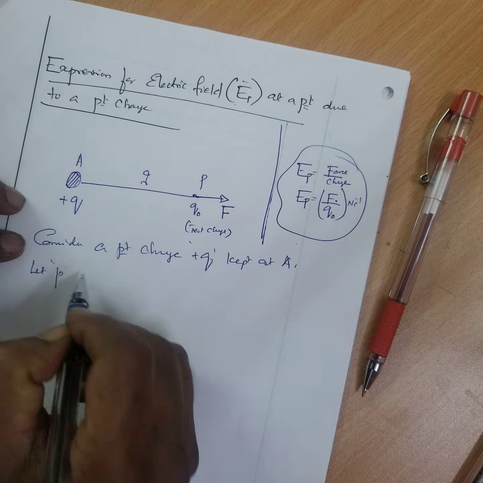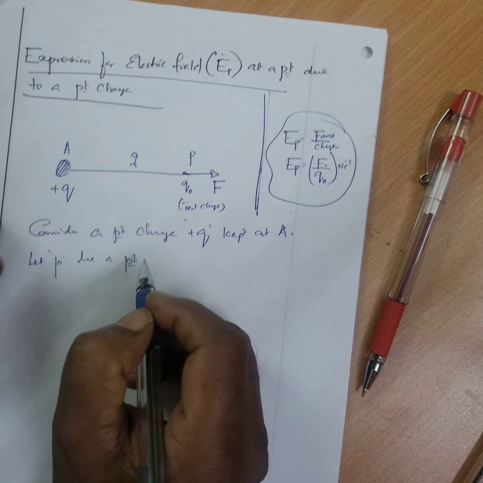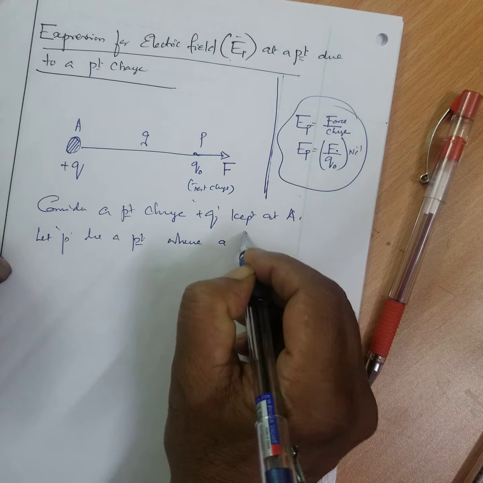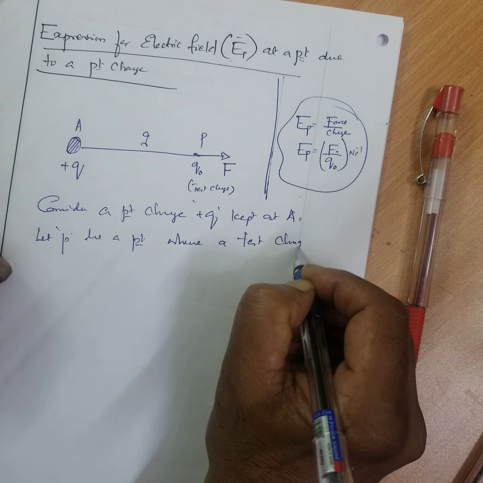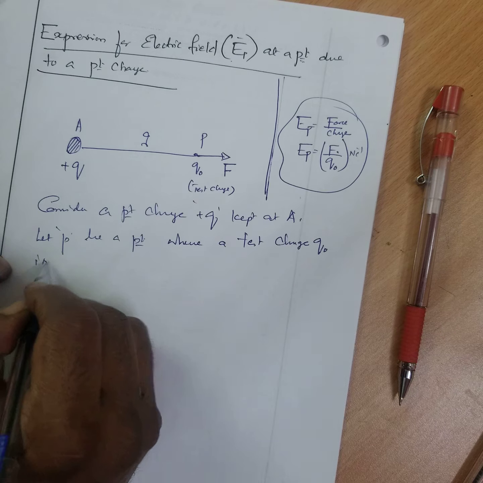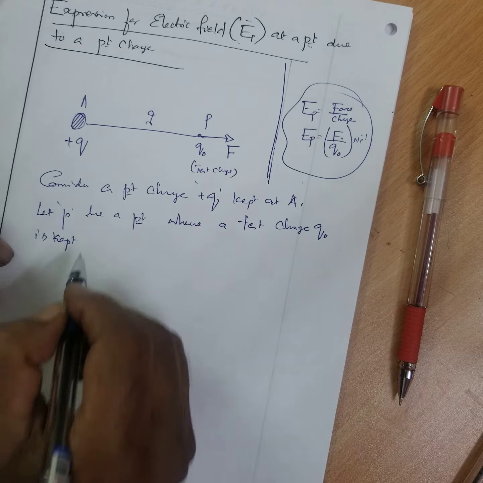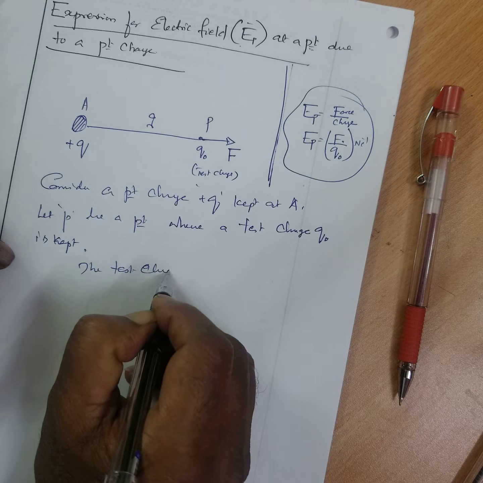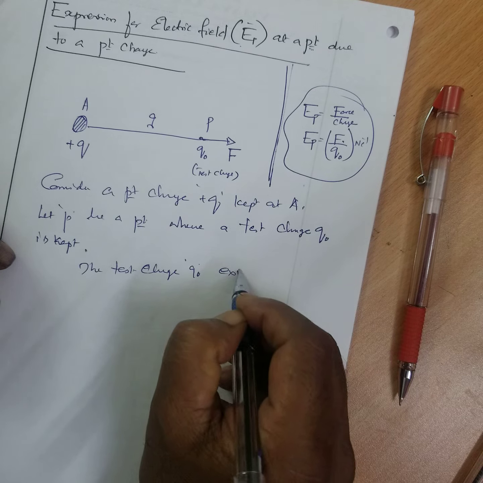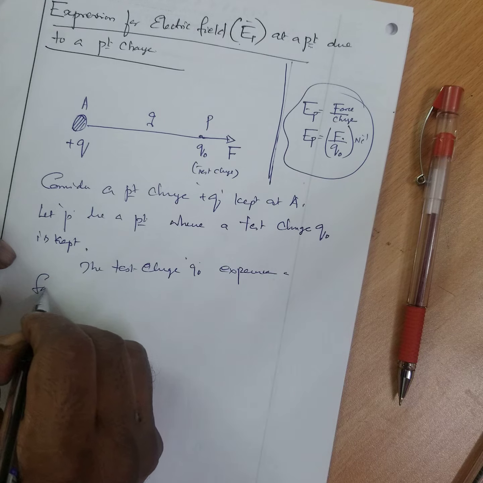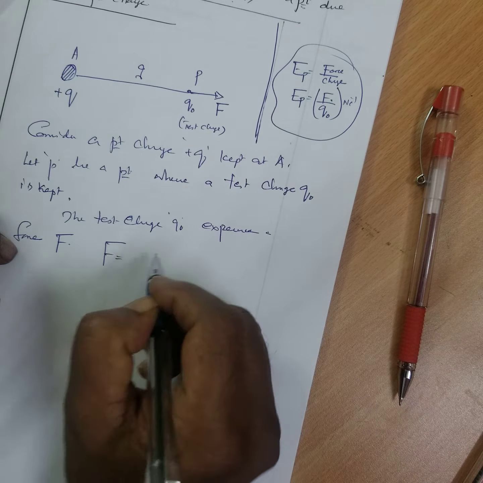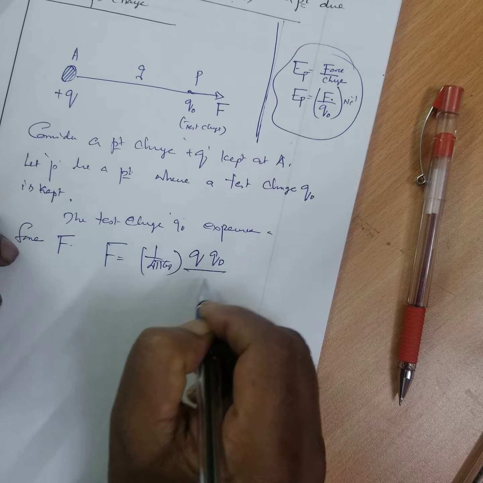Let P be a point where a test charge Q naught is kept. The test charge Q naught experiences a force F. The force is given by 1 by 4 pi epsilon naught Q and Q naught by R square.